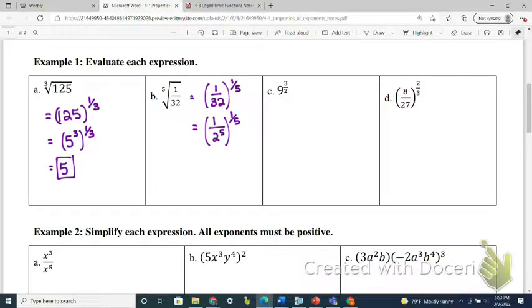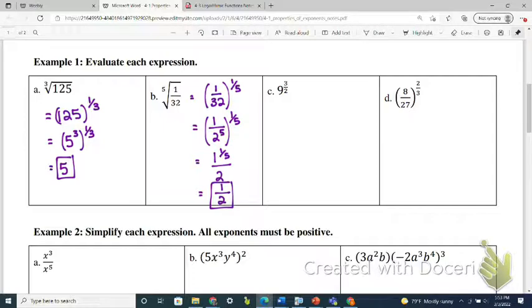Here, I need to take this 1/5 and distribute it to both of them. So I get 1 to the 1/5, and 2, 5 times 1/5 is just 1. Well, 1 to the 1/5 is 1, so my answer is 1/2. On to the next part.